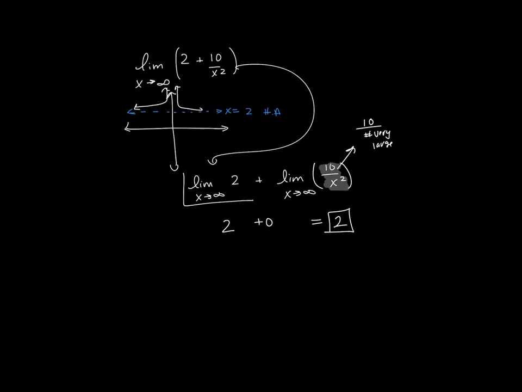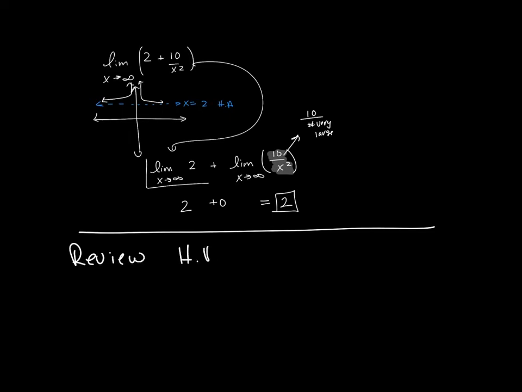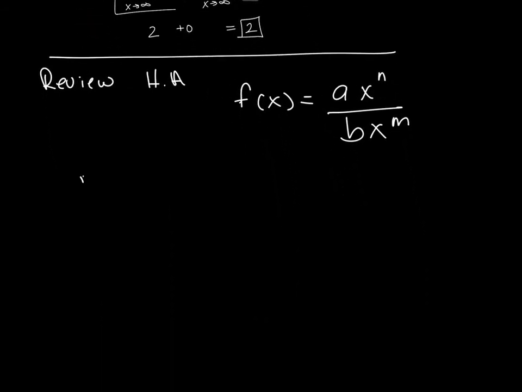Now, let's go back and review horizontal asymptotes for just a moment. So, review for horizontal asymptotes. If you ever have a function f of x equal to a x to the n over b x to the m, whenever n is greater than m, there is no horizontal asymptote.